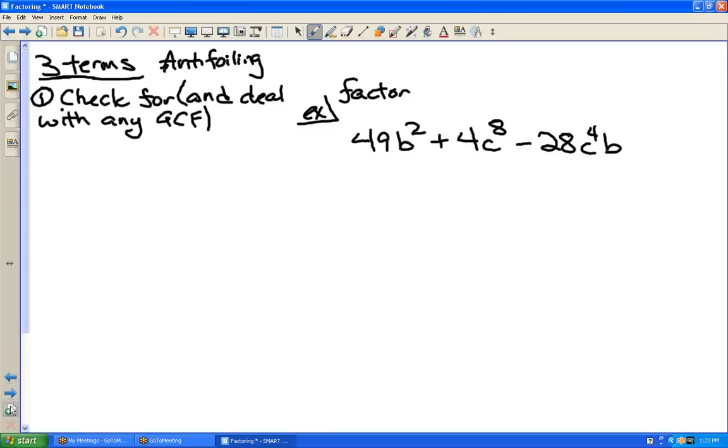Okay, so step 2 is actually really important. It's kind of critical that you find an ordering system. So step 2, put your terms in order.